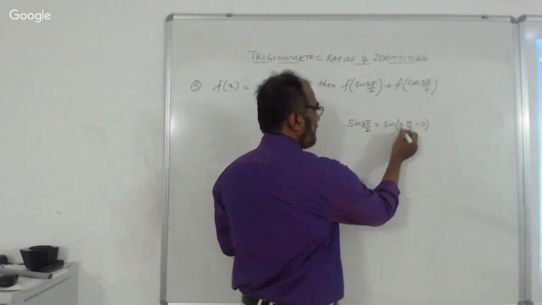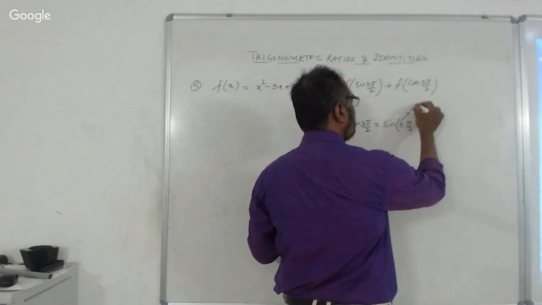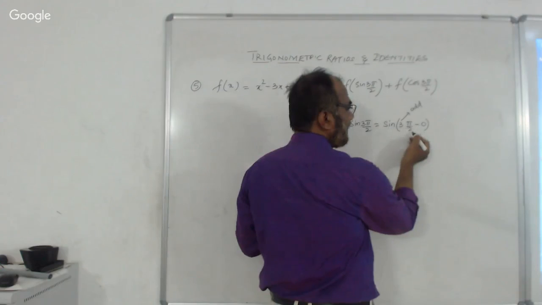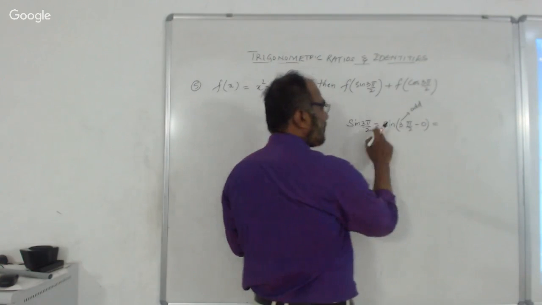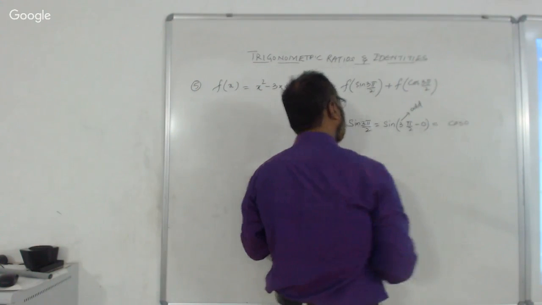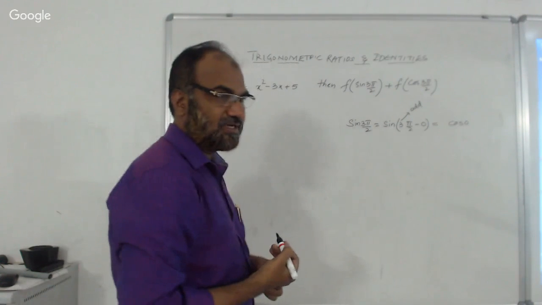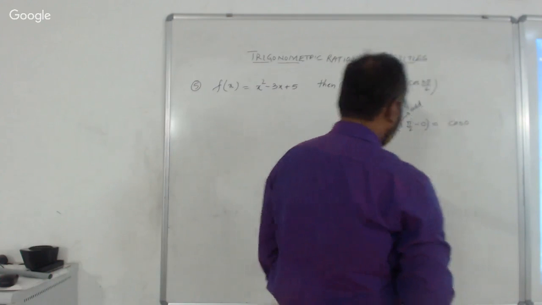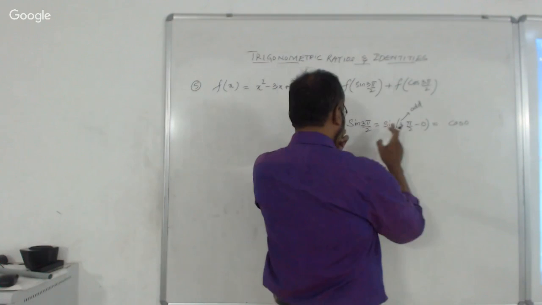If this is an odd multiple of 90, then you get the co-ratio of it. Instead of sine, you get cos theta, plus or minus cos theta.